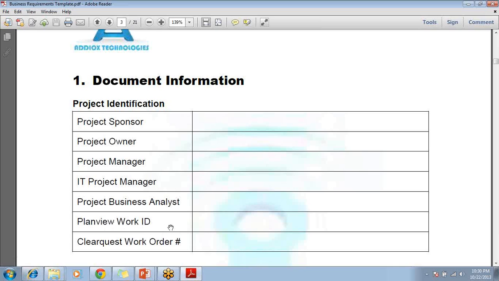There could also be a possibility that you don't have that. Okay, so this, which is your ClearQuest work order, these two are optional. These two are not something which you must have. Whereas project sponsor and all these things, you are likely to have. All these items you are going to have.